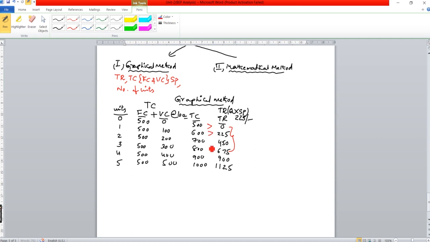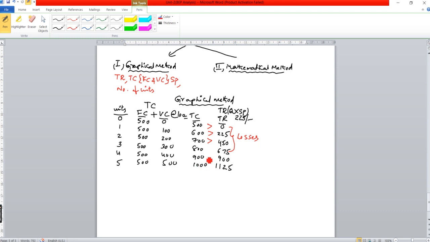Even 600 is greater than 225, 700 is greater than 450. So when the total cost is greater than total revenue, the firm gets losses.